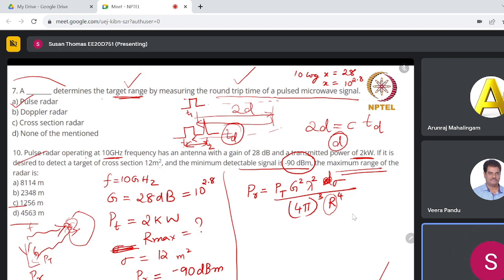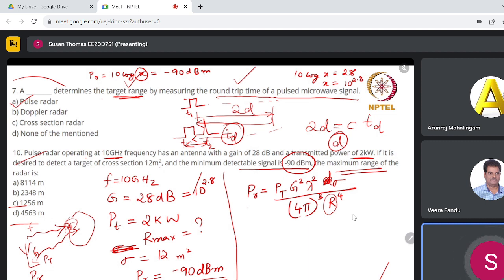Similarly, PR is in dBm. How do we convert? 10 log of x is equal to minus 90 dBm. dBm means dB in milliwatts, so whatever answer you calculate as x will be in milliwatts. That is the idea of dBm.